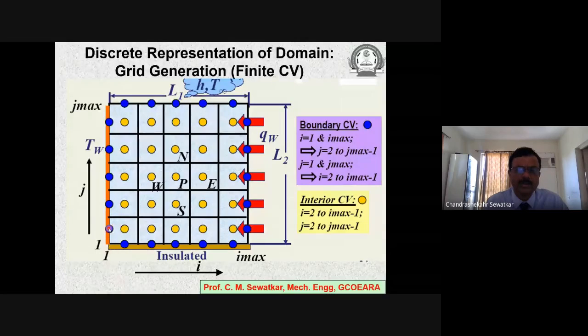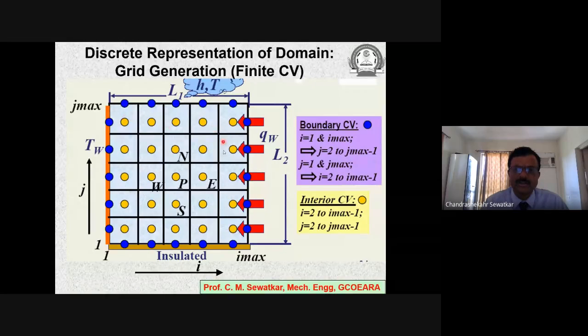For example, my I goes from 1, 2, 3, 4, 5, 6, 7, so Imax is equal to 7 in this particular case. Similarly, J goes from 1, 2, 3, 4, 5, 6, 7, so Jmax is also equal to 7. So this is just a nomenclature.